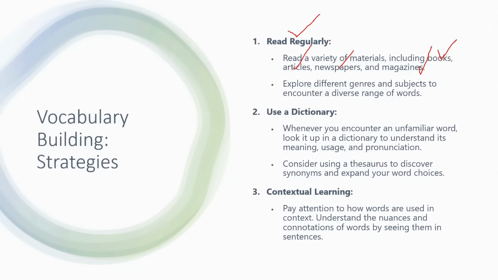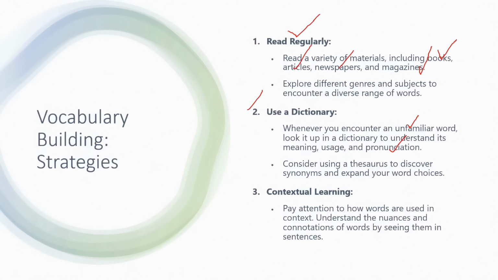The second important factor is using a dictionary. Whenever you encounter an unfamiliar word, look it up in the dictionary to understand its meaning, usage, and pronunciation. When you find a difficult word, there are 2 basic ways of learning language or meanings.